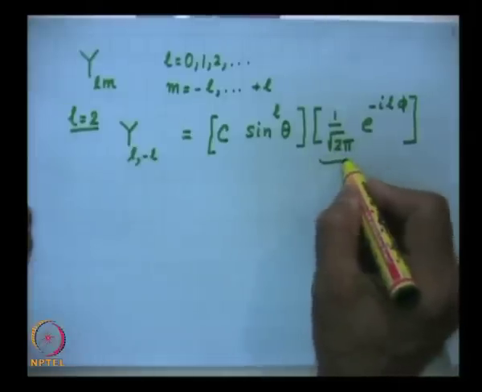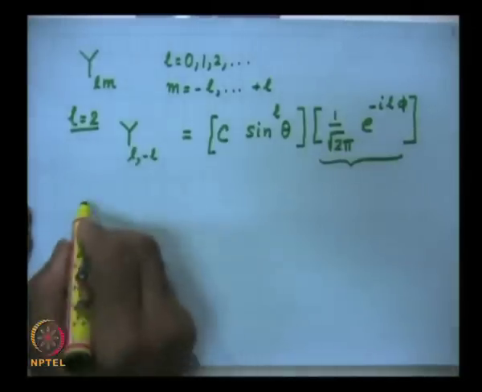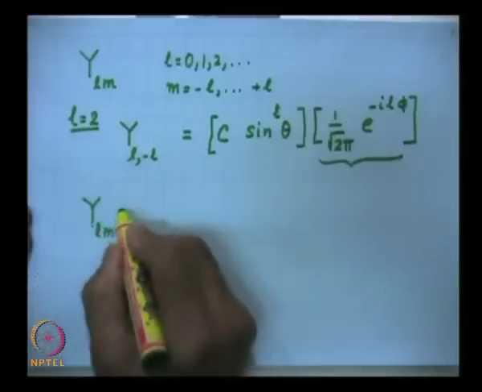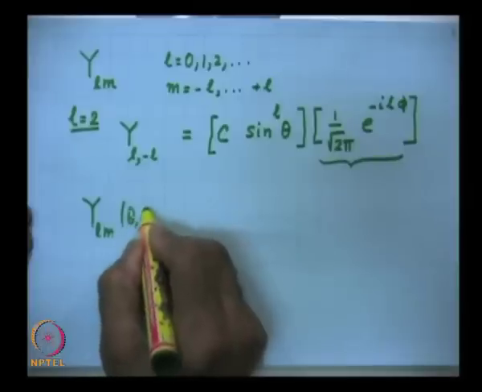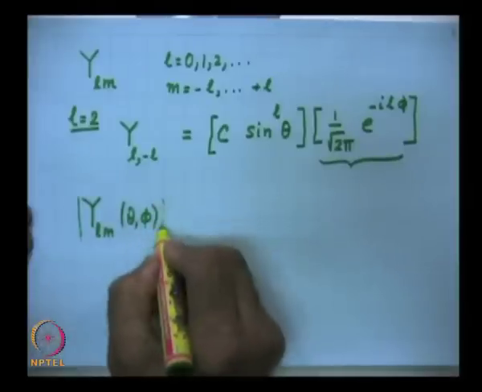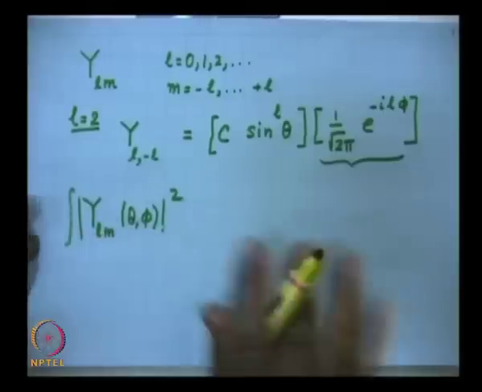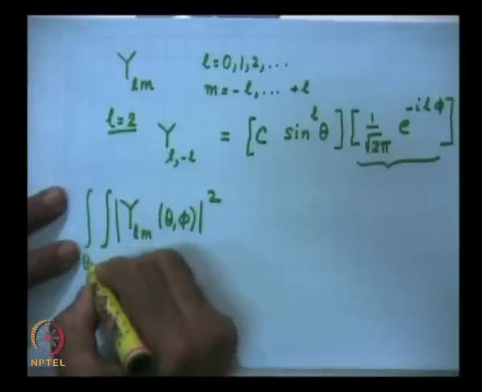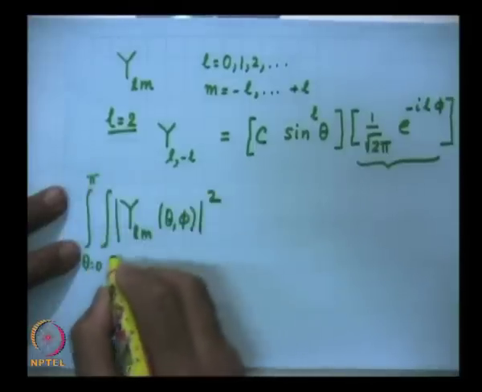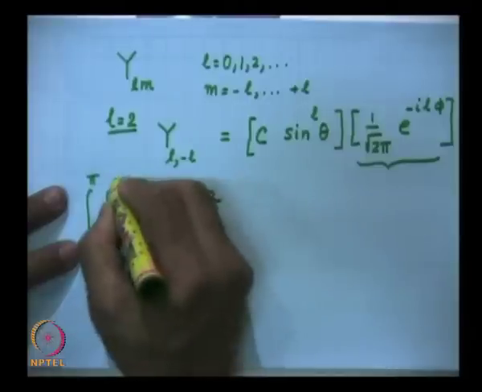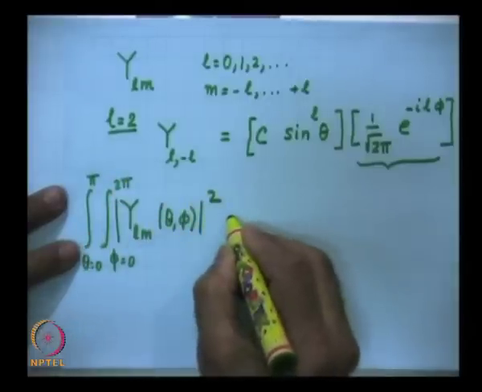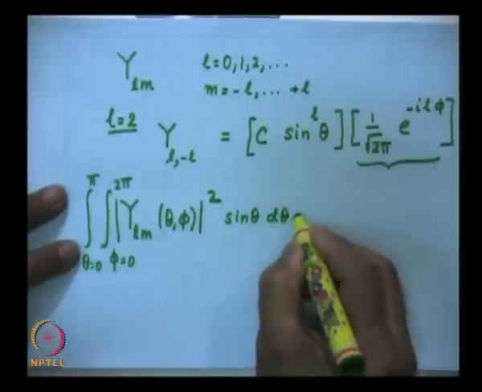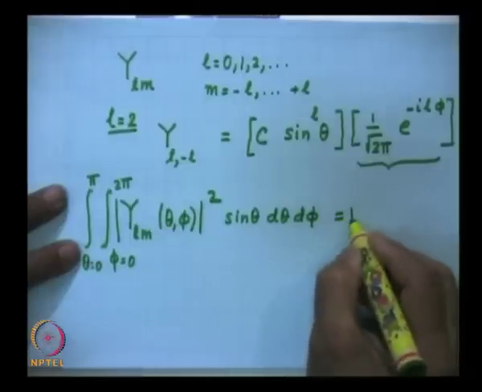This part is normalized because the spherical harmonics are normalized. The normalization condition is that the mod square of Y_L^m of theta, phi, integrated over theta from 0 to pi and phi from 0 to 2 pi, multiplied by sin theta d theta d phi, must be equal to 1.